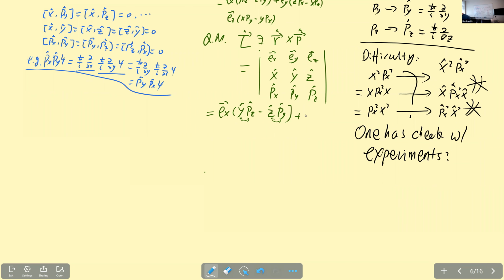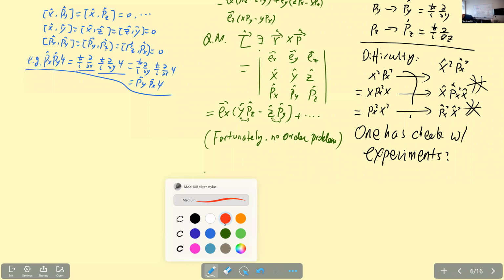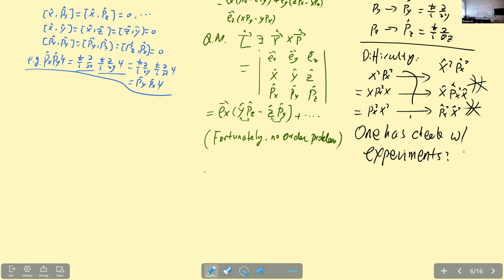And the other terms can be written similarly. So fortunately, no order problem. This is called the order problem in the translation.